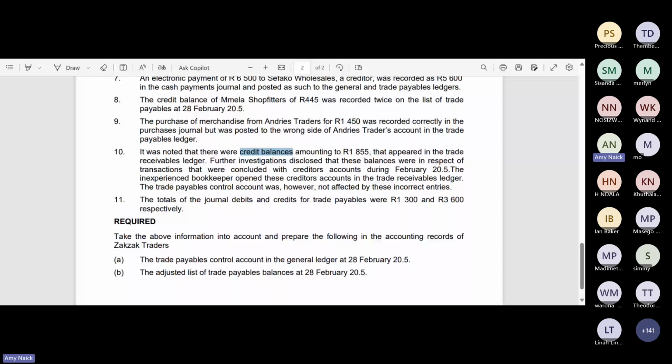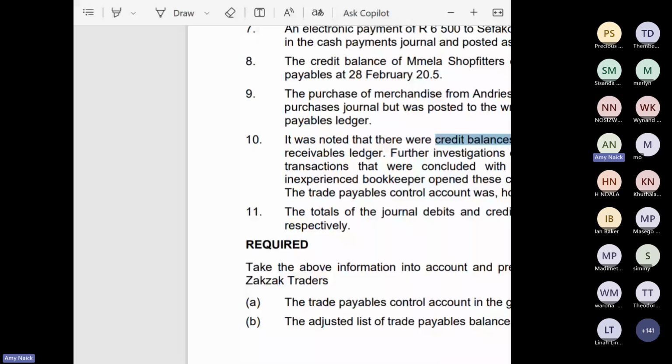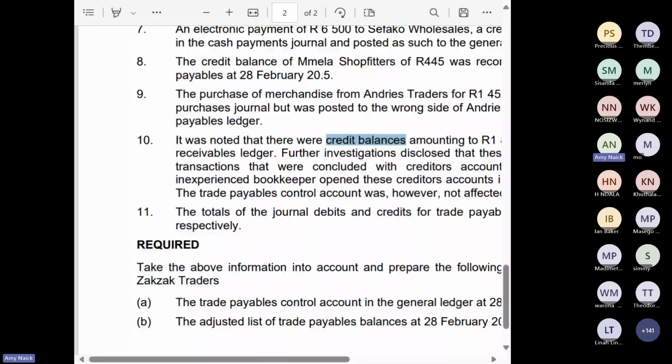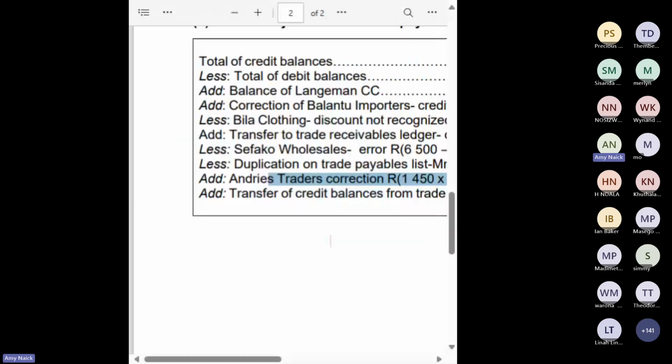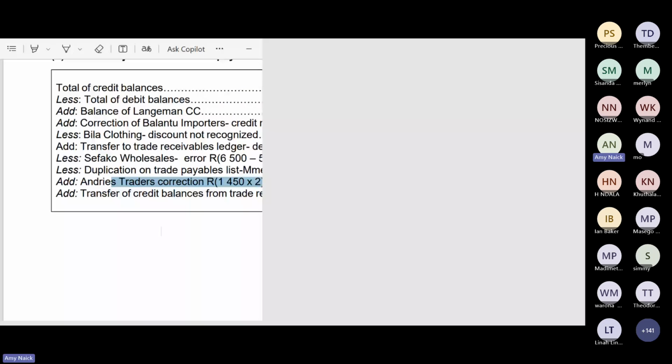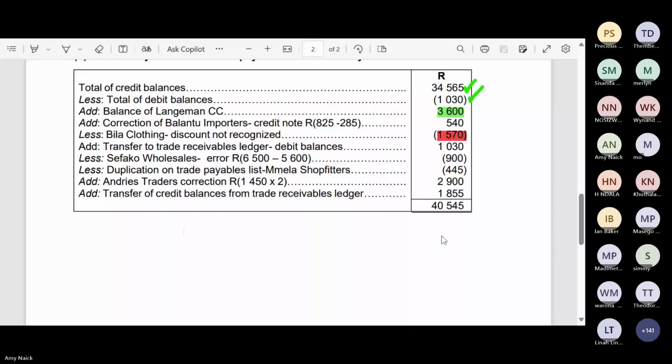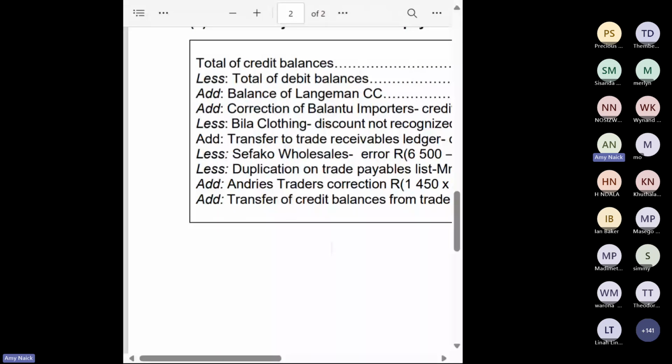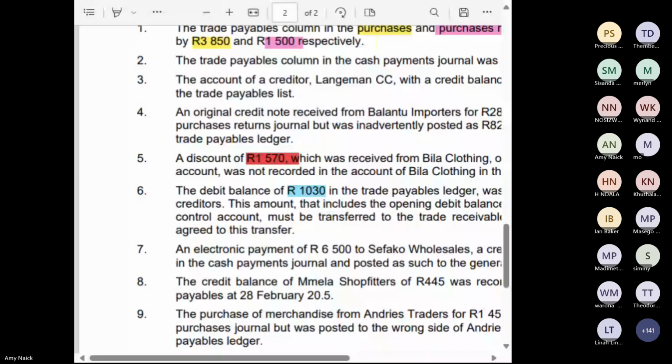And you'll see that 1,855 coming through in the solution. Just swapping here. So we're increasing. They did say it's a credit balance, so we increase with the 1,855. Okay, so that's a more straightforward one. There's no calculations in between.